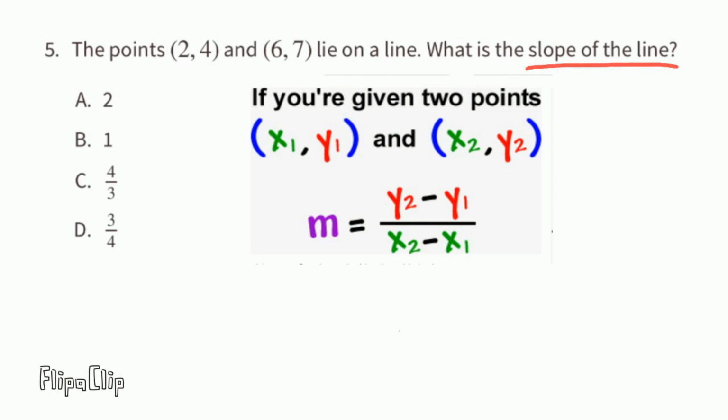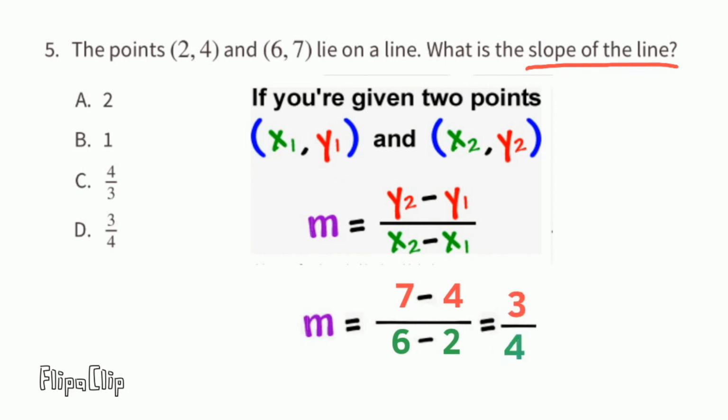Now let's rewrite this as m equals y2, and y2 is 7, minus y1, y1 is 4, over x2, x2 is 6, minus x1, and x1 is 2. Since 7 minus 4 is 3 and 6 minus 2 is 4, m equals 3 over 4. So the slope is 3 over 4.